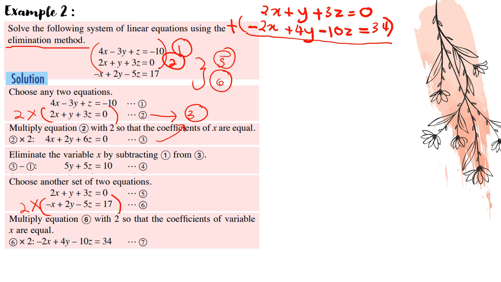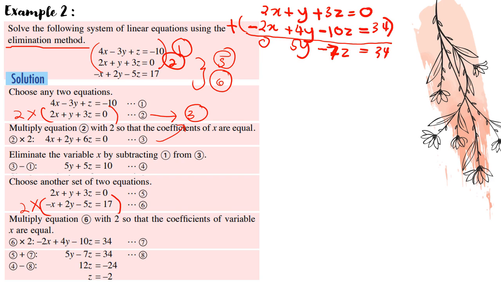So 2x plus negative 2x becomes 0. y plus 4y becomes 5y. 3z plus minus 10z becomes negative 7z. 0 plus 34 becomes 34. Okay, so here 5y minus 7z is equal to 34. So this is equation number 8.